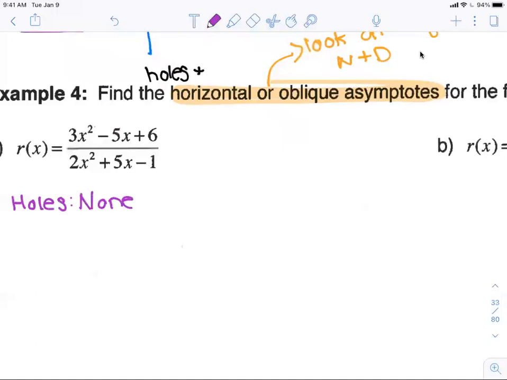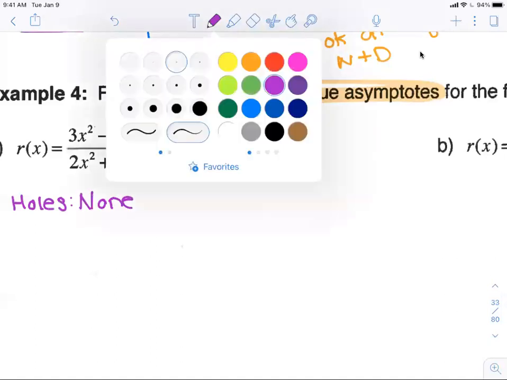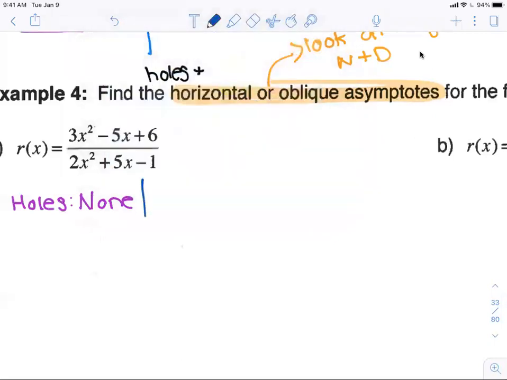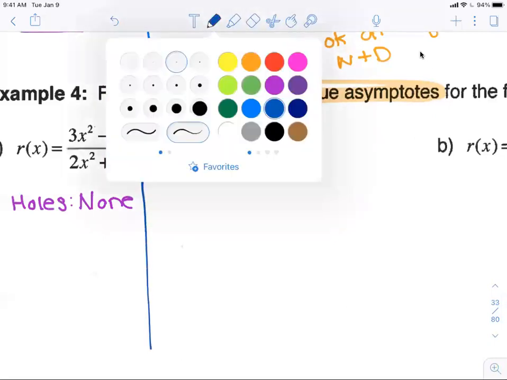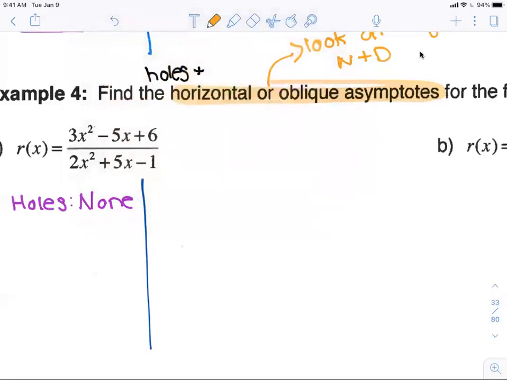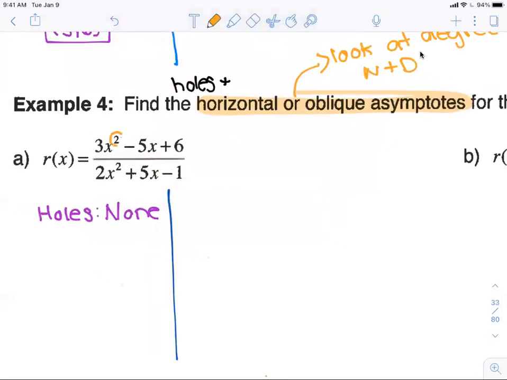Okay, the next thing we're going to do is find the horizontal or oblique asymptote. And what you have to do is look at the degree. So when you're looking at the degree of this problem, very important, notice the degree of the numerator is 2 and the degree of the denominator is 2. So we have degree 2 equals degree 2. So the numerator's degree is equal to the denominator's degree.